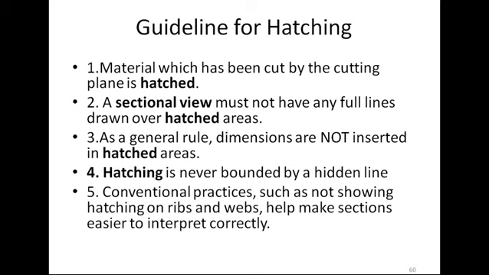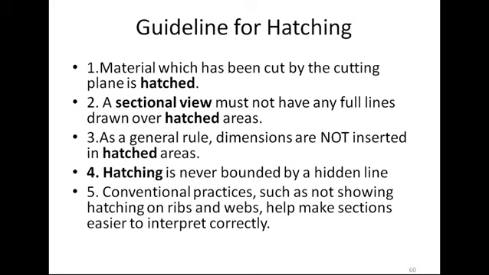Then the fourth one is, hatching is never bounded by a hidden line. So whatever boundary you are going to draw about the product, that is never a hidden line. The lines must always be continuous lines. Then the fifth one is, conventional practice such as not showing hatching on ribs and webs makes the section easier to interpret correctly.